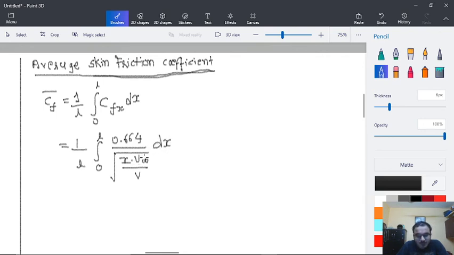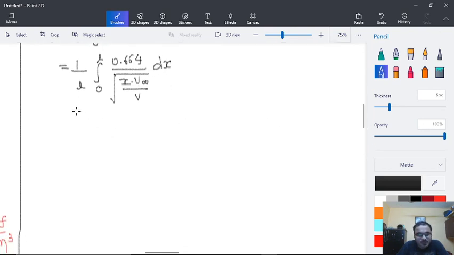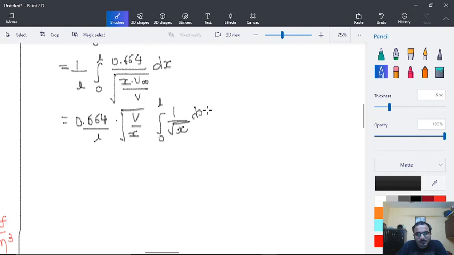So we can take all those values outside, that is 0.664 into square root of mu into x. We have taken the common terms outside, 1 upon L integration 0 to L of 1 divided by square root of x dx.